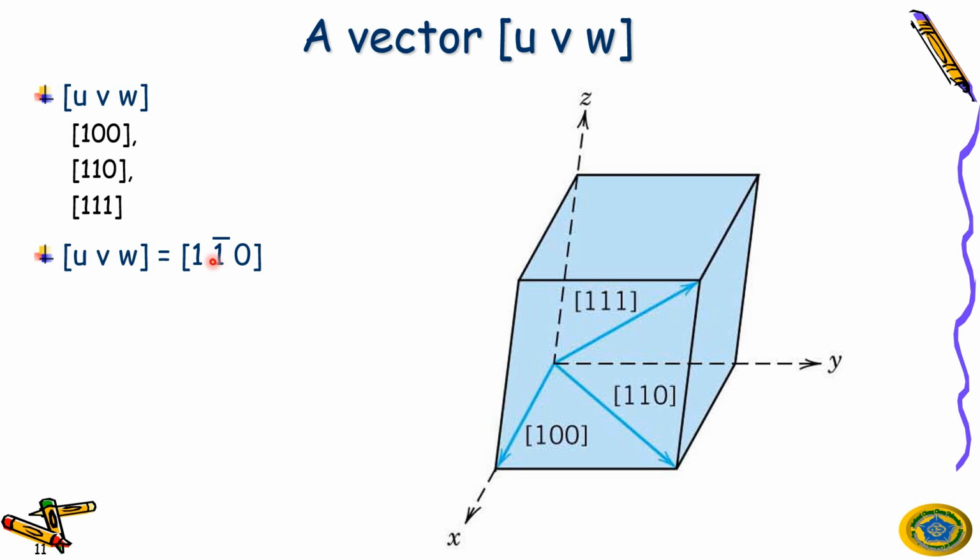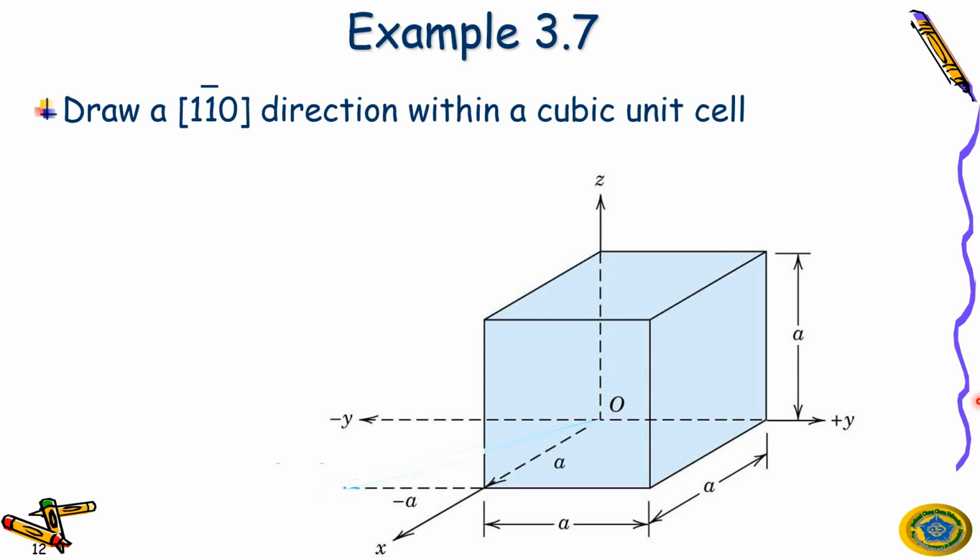Okay, so this is square bracket 1, 1 over bar, and 0 square bracket. So it's the minus direction of the Y. So this is 1 here, right?